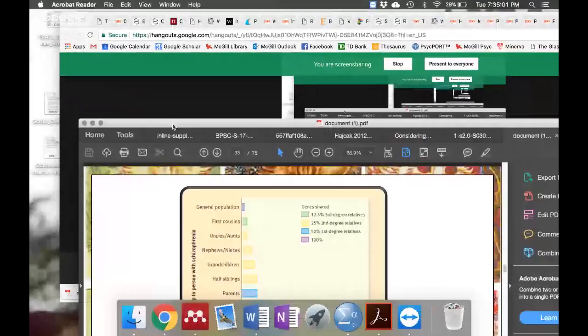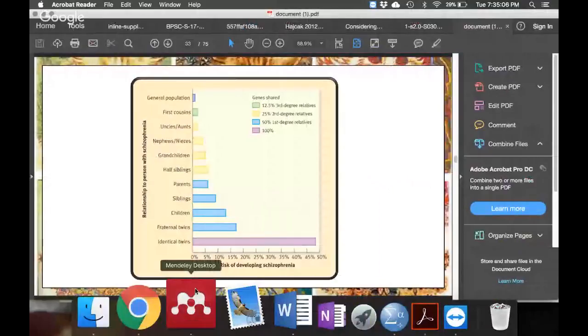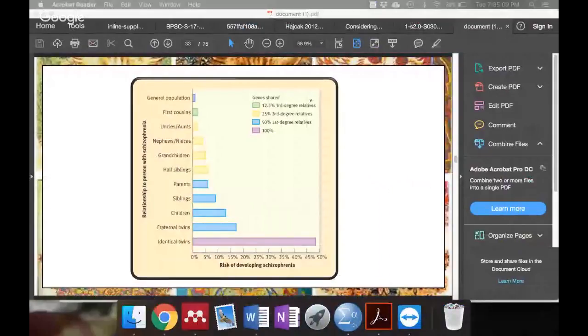You are referring to this, and this is looking at risk for developing schizophrenia in relatives of people who have schizophrenia.